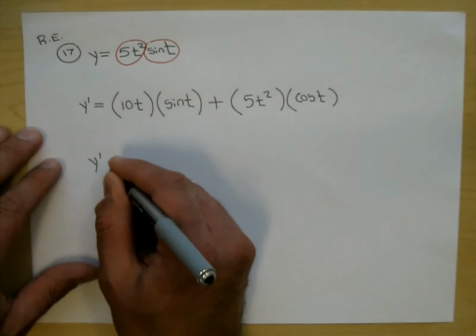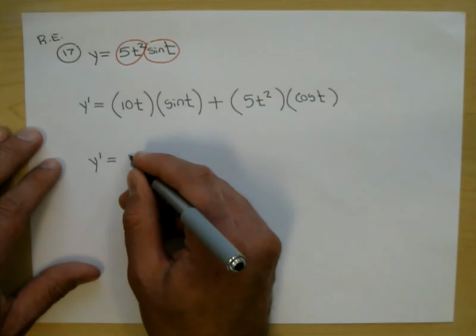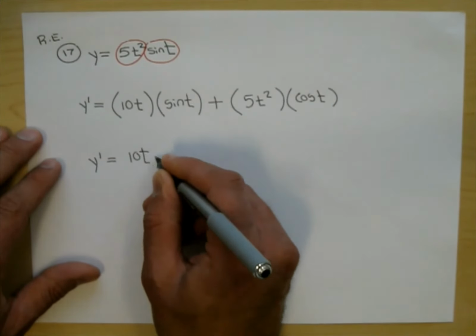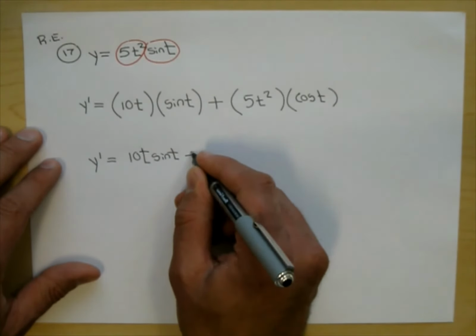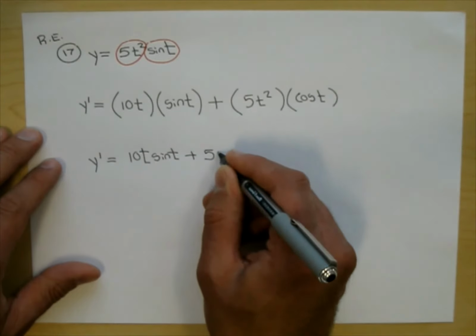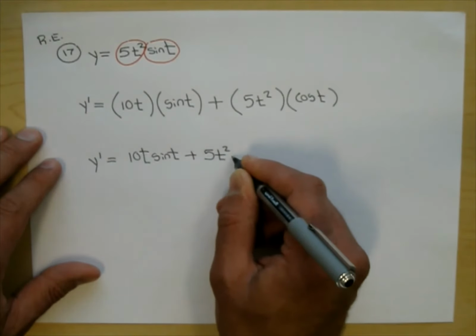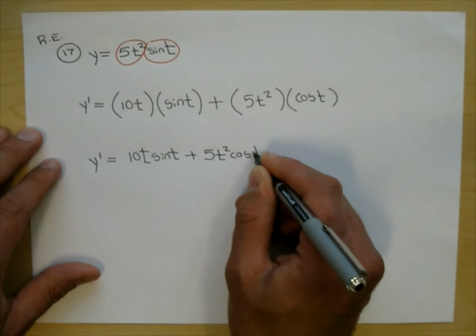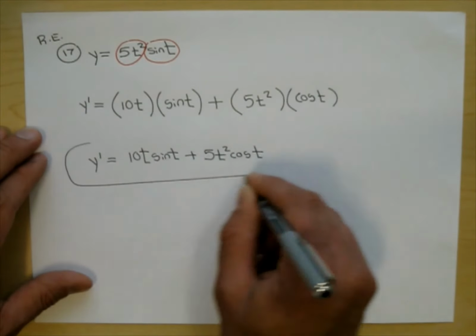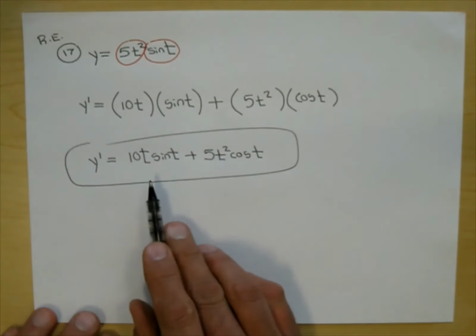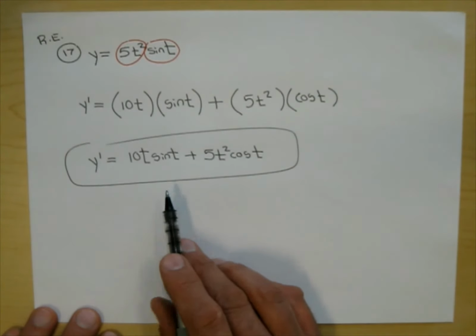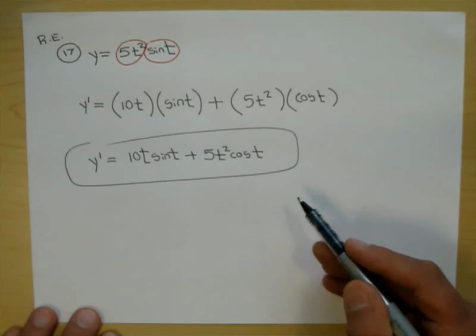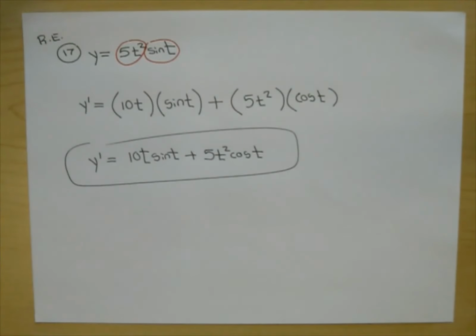Okay, so we really don't want to have unnecessary parentheses, so this is 10t sine t plus 5t squared cosine t. There's your answer. And of course, the book would probably factor out a 5t and do some trig identities or whatever, but this is a good answer, so we'll keep it right there.